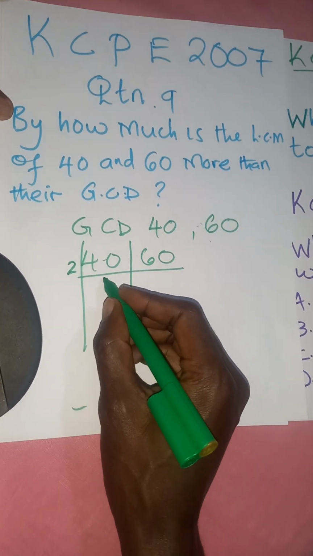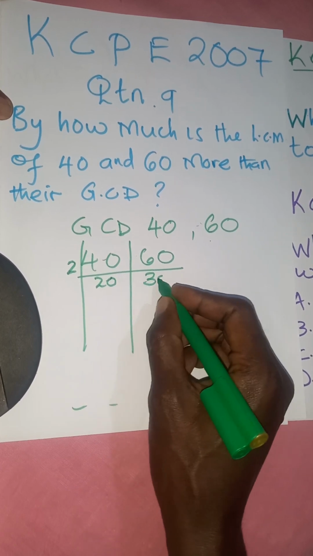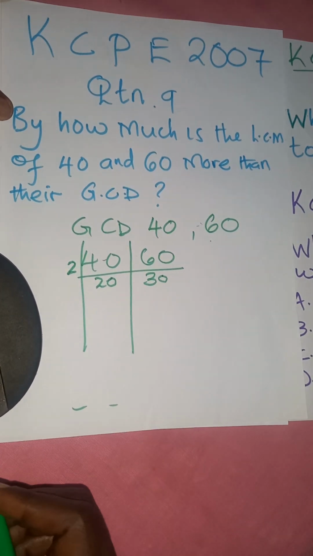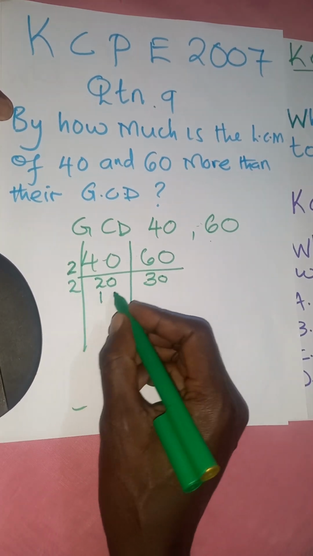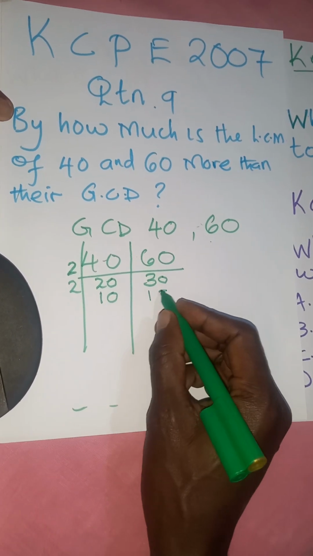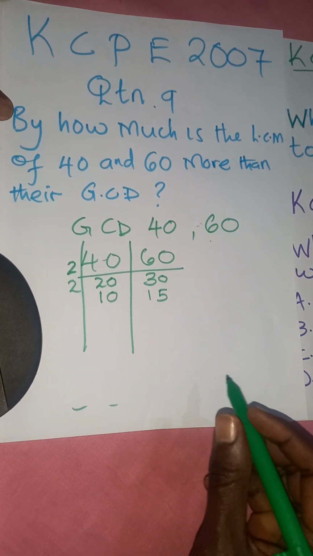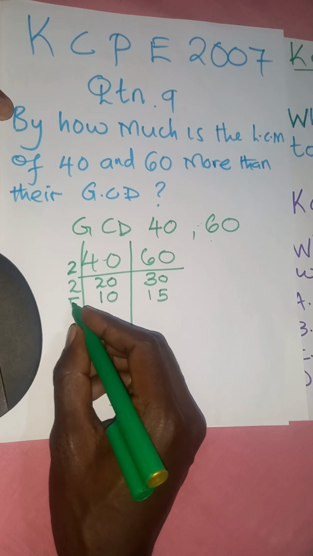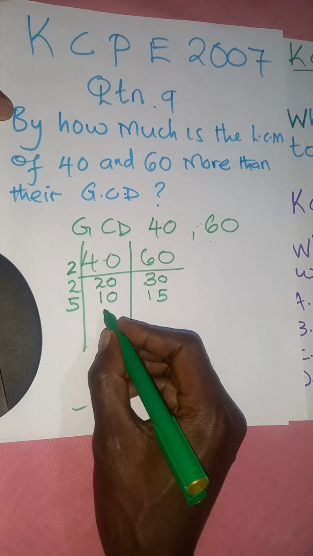So here you get 20. This is 30. You can see again 2 can divide both. This is 10 and this is 15. The other smallest digit that can divide is 5. So this one is going to be 2.